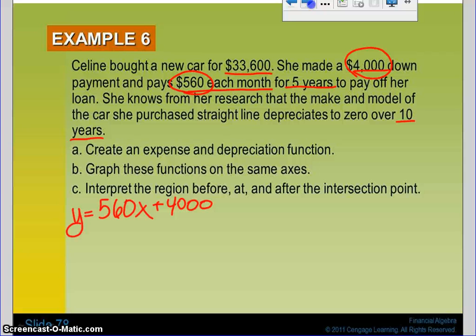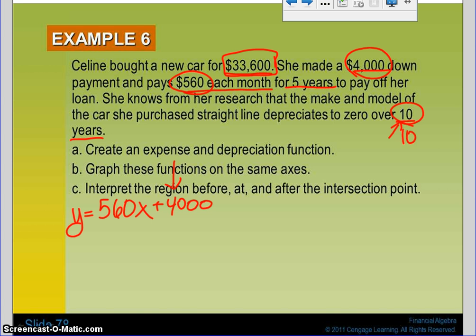And it says here that the car was worth $33,600 when new. And we know that it straight depreciates at 10 years. Now we've got a little issue here before we can solve for our depreciation equation, because we can't have one equation in terms of months and the other in years. So what we need to do is to find this, but we're going to find it based on the number of months.